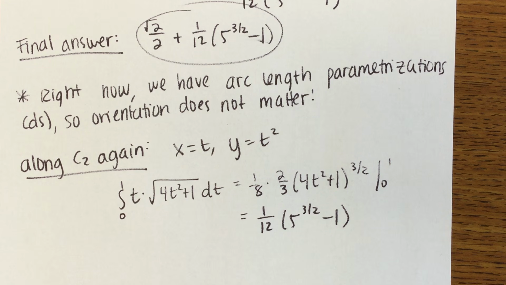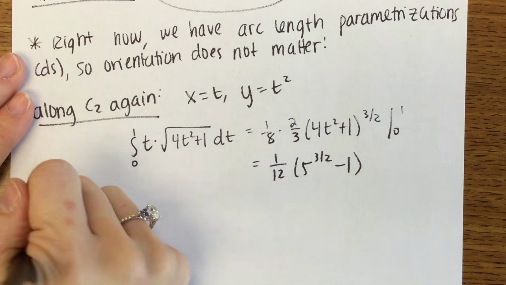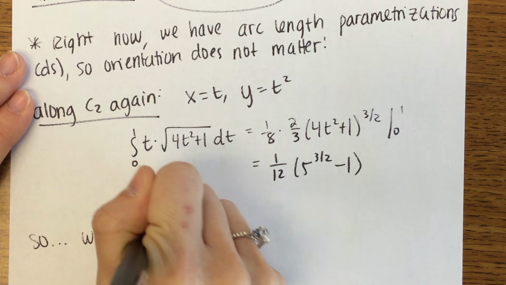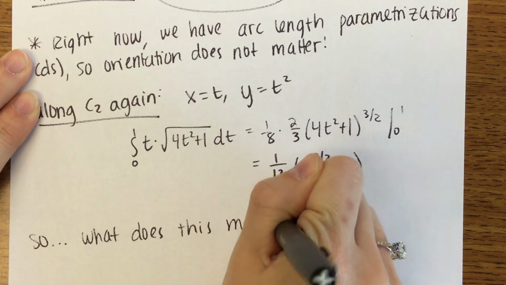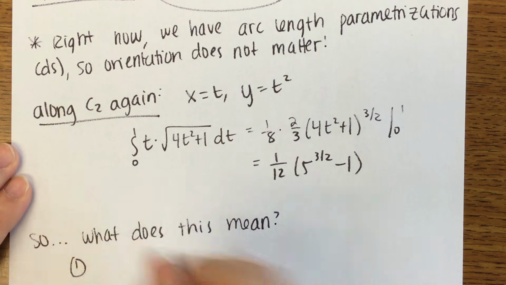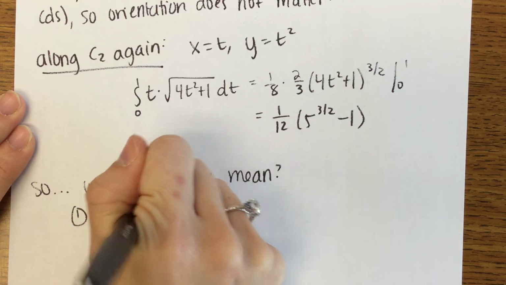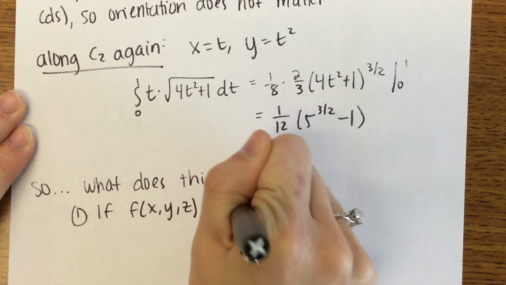Okay. So besides evaluating them, we need to know what they mean. So that's what we're going to talk about next before we go on. Two main interpretations that we're going to talk about. The first one, let's say that your function f, so f of x, y, z, represents density.